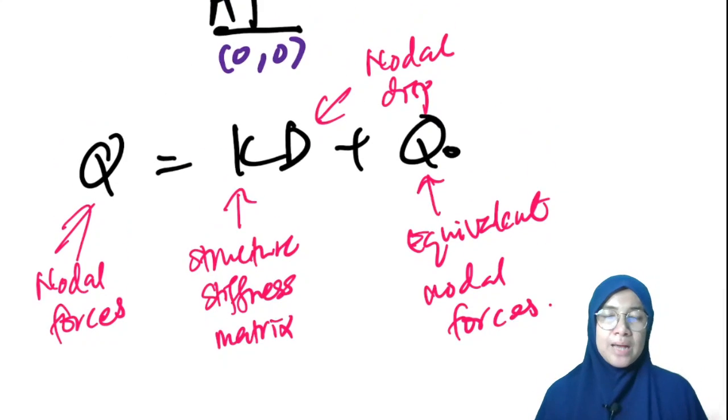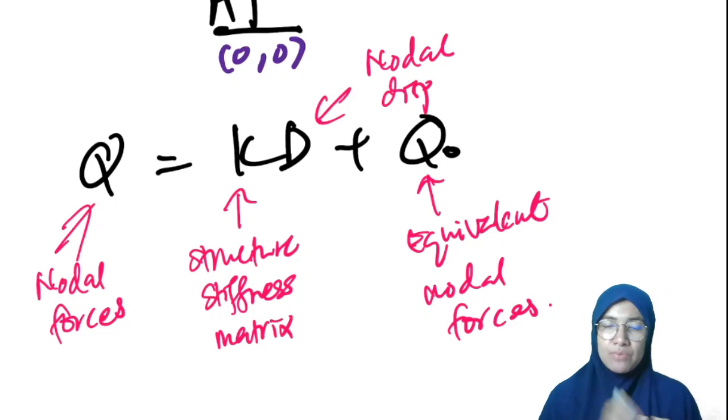Okay, so as usual, as I always mention, set in your mind, you have to understand that we have to set our goal before we start doing this, before we start to analyze this. So what is the goal? The goal is the objective. What is the objective? The objective for frame analysis, we have two objectives.